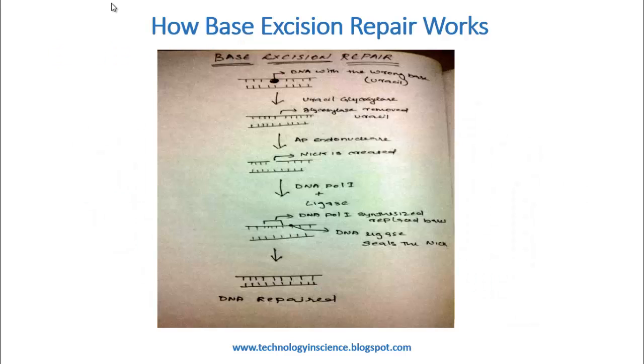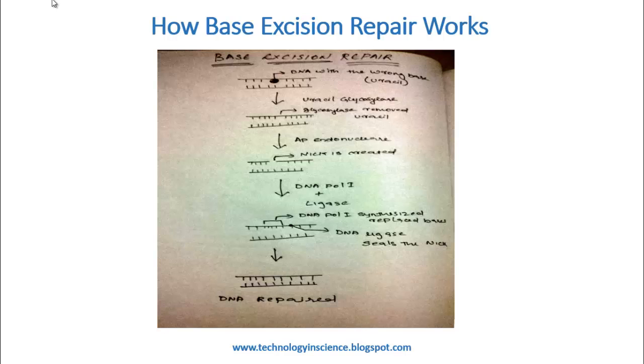So this is the overview of base excision repair. Here you can see a DNA with a wrong nucleotide incorporated. I have given uracil as an example. So in DNA, uracil is incorporated in this case, and that needs to be replaced. So uracil glycosylase comes into action, and it removes only the uracil without nicking or cleaving the DNA backbone.